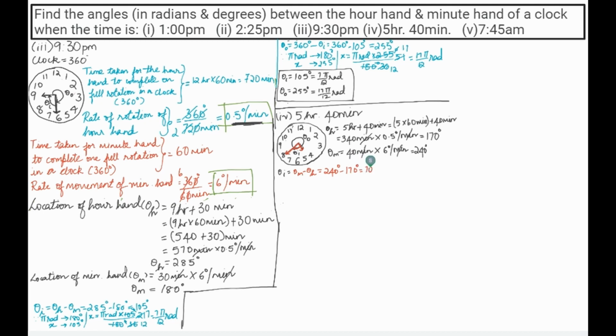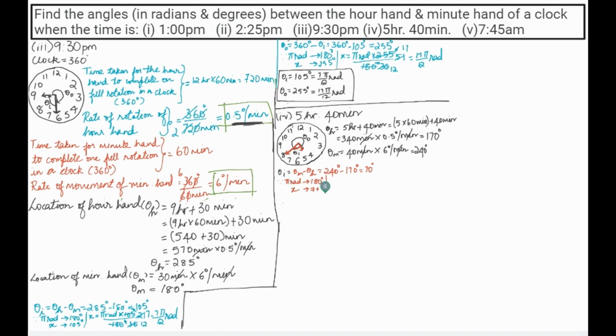70 degrees. In terms of radians, as usual, for all, pi radians is equal to 180 degrees. Therefore, 70 degrees in radians is how much? Let this be x.